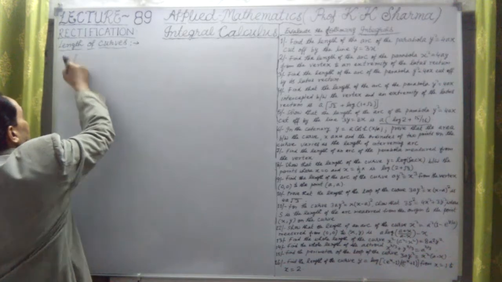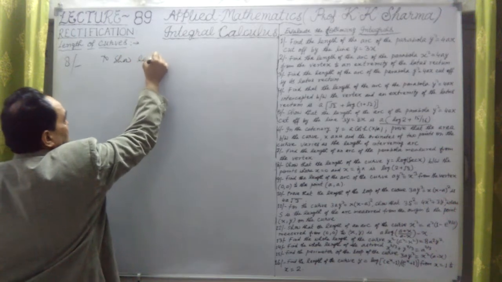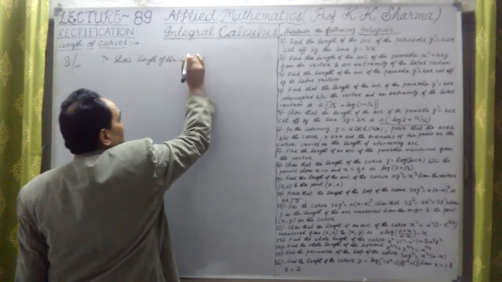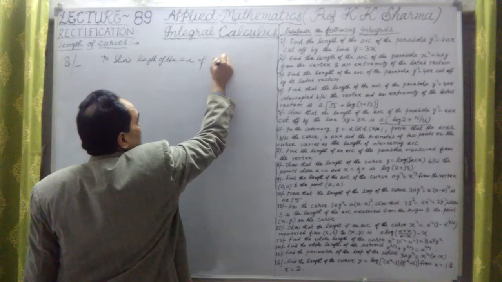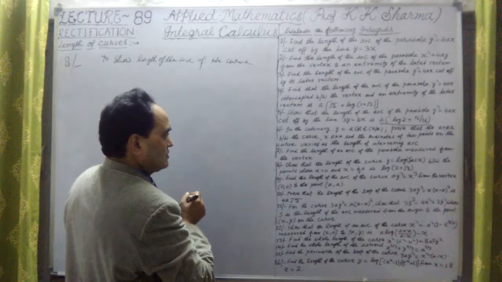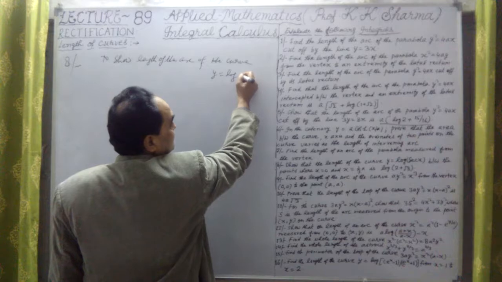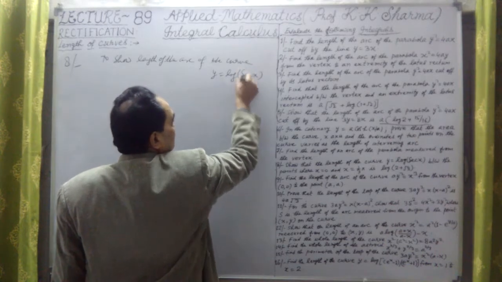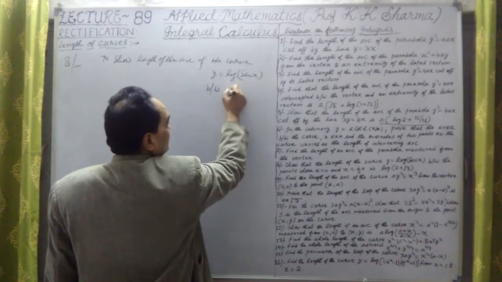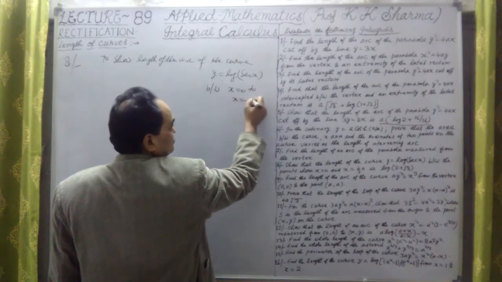Question number 8, to show the length of the arc of the curve. This is the arc here. What is the curve here? The curve is given: y is equal to log of secant x, between the ordinates x equal to 0 to pi by 3.